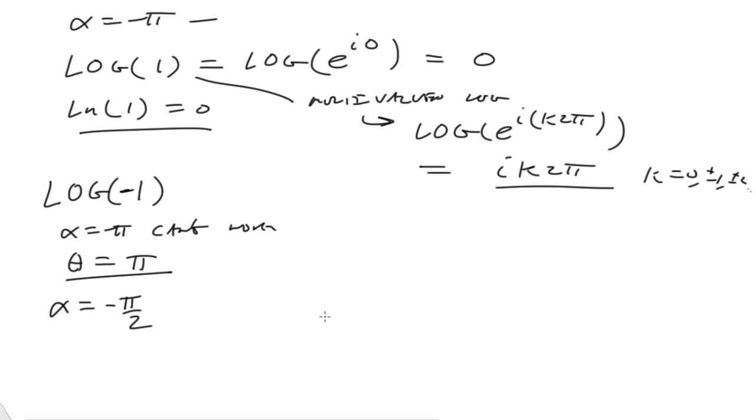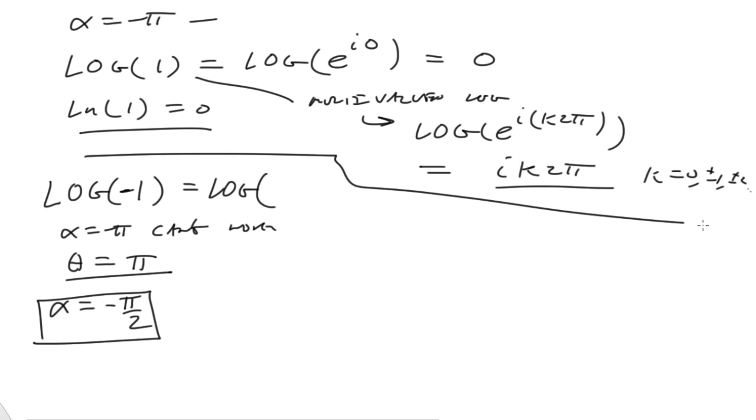In which case we can actually calculate this. This becomes logarithm of e to the I pi, and of course we can write that as I pi. So there you go. That's how you do it.